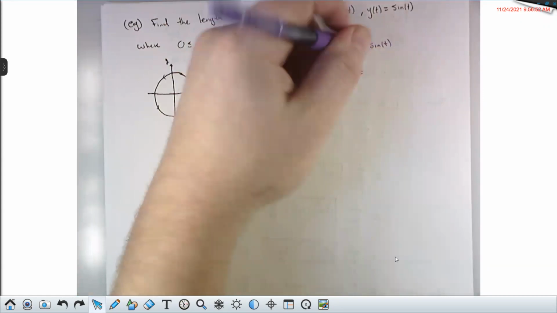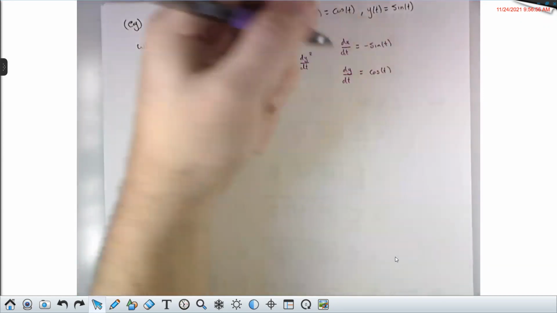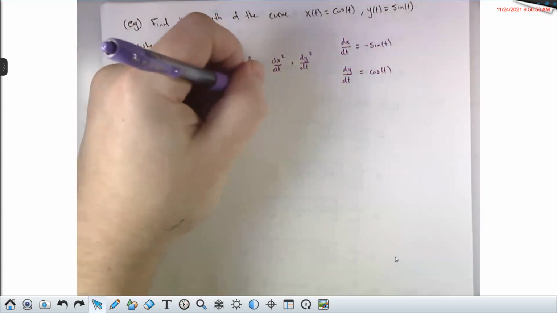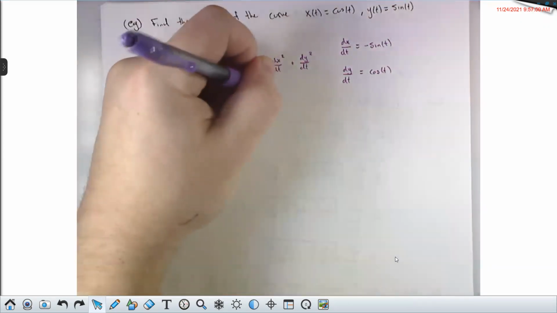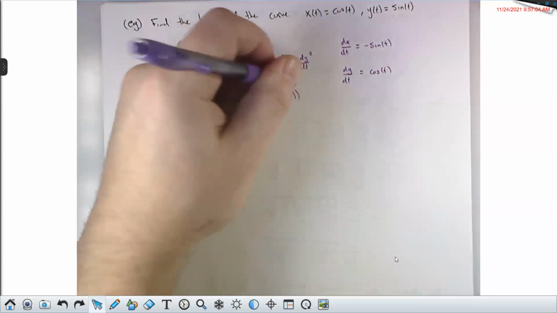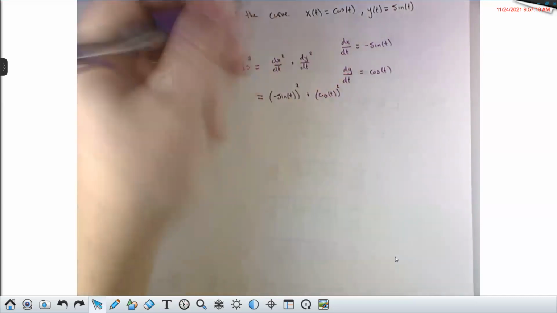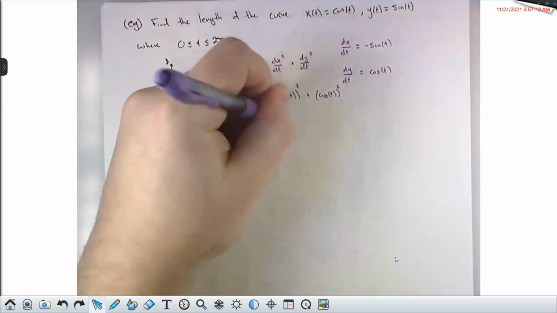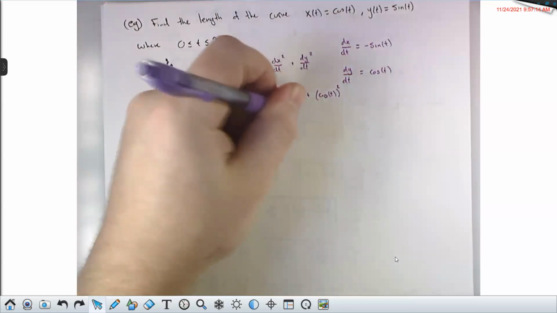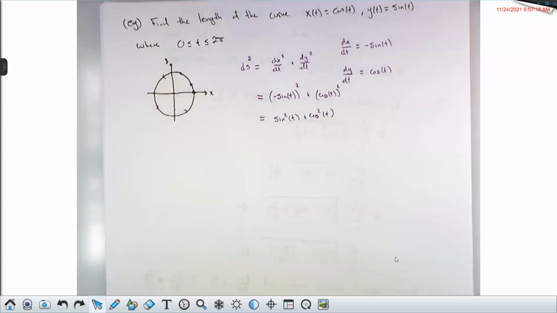Dy/dt is the derivative of your sine function, which is cos t. So ds squared is negative sine t squared plus cos t squared, which is sine squared t plus cos squared t, which is 1.